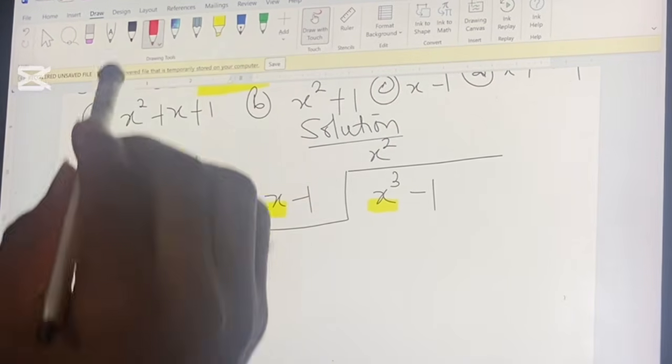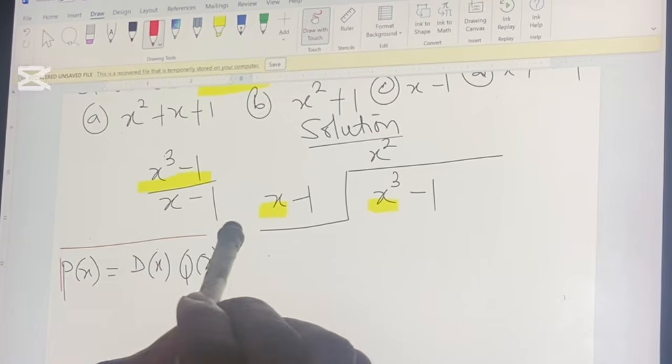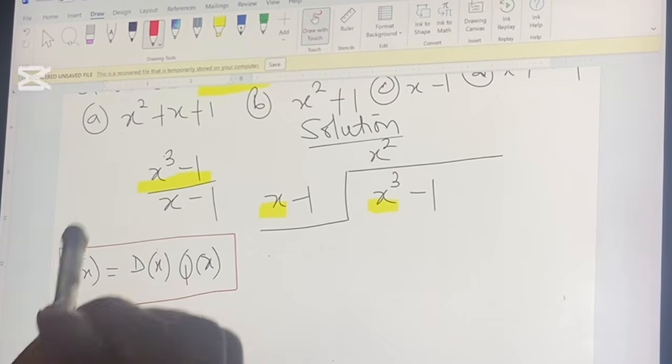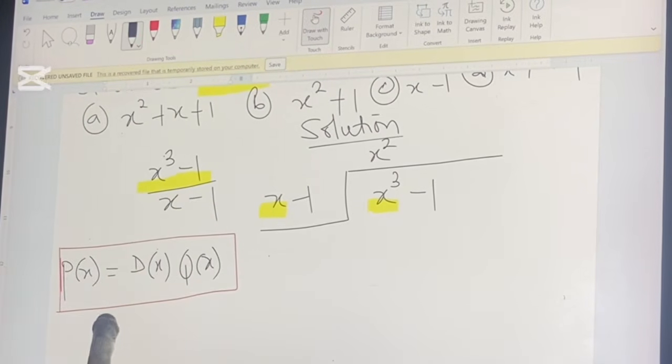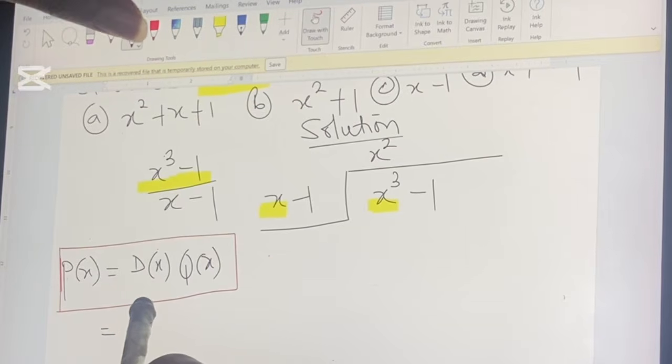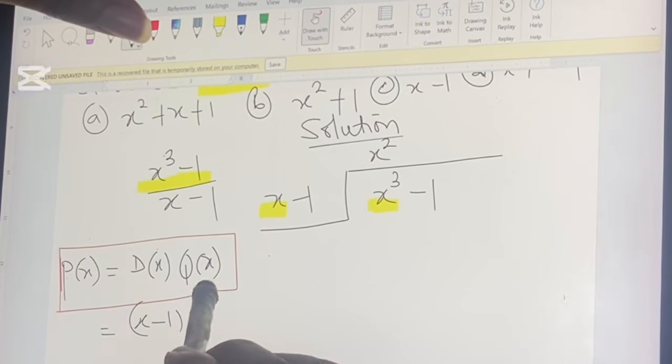This is the formula to get a new polynomial. Please take note of this. Our divisor is s minus 1. Our quotient is s squared.